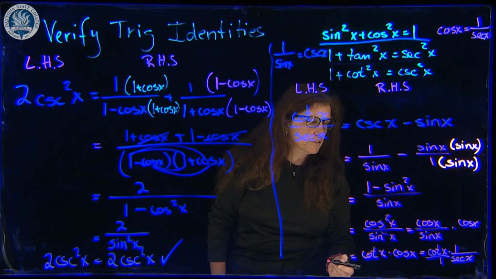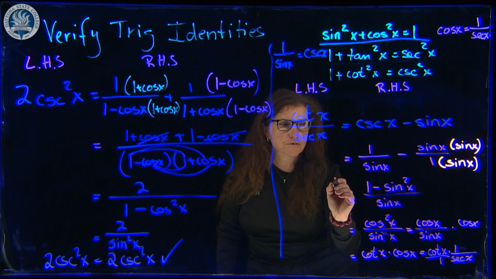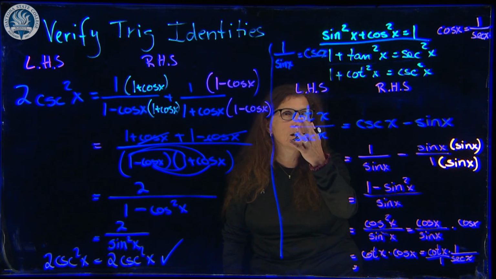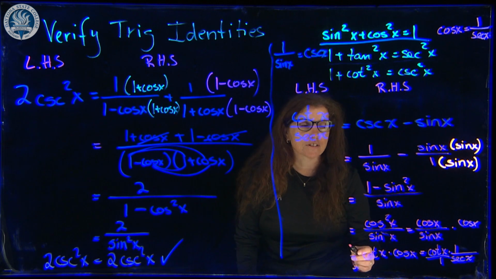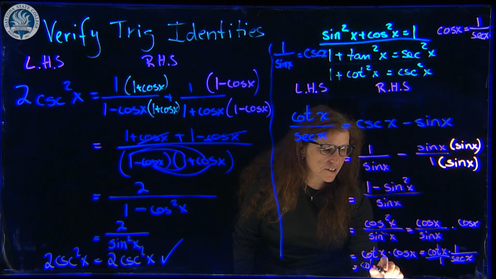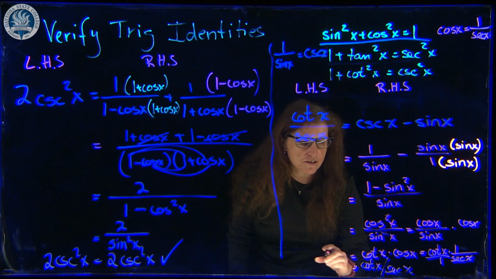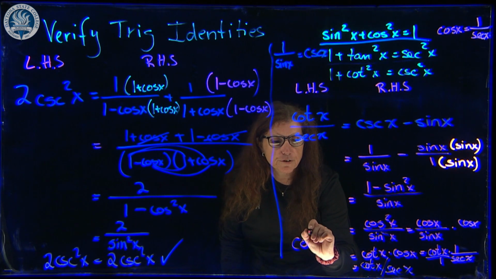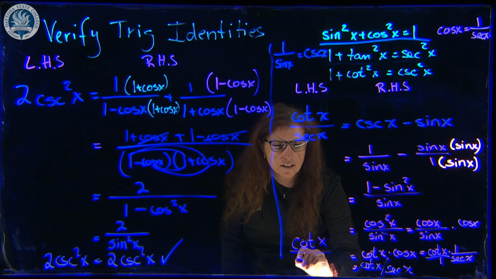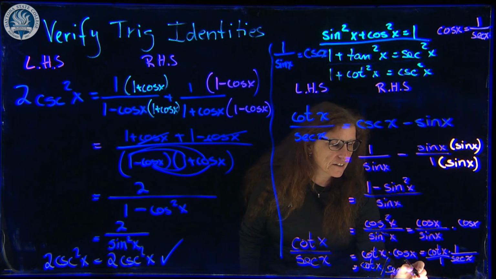Now you just multiply your numerator. Let me just write it here. You can see I have just proved that it is equal to the left-hand side. Cotangent of x divided by secant of x, which of course is equal to the left-hand side. Done we are.